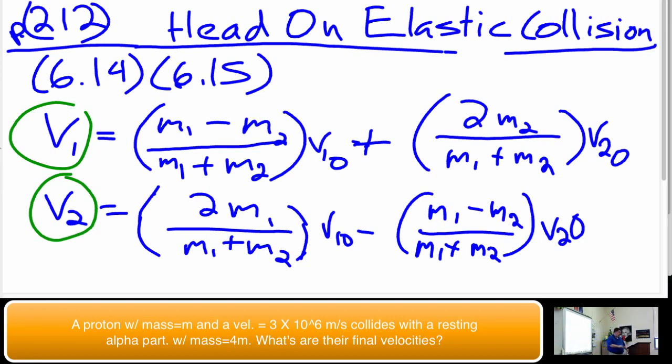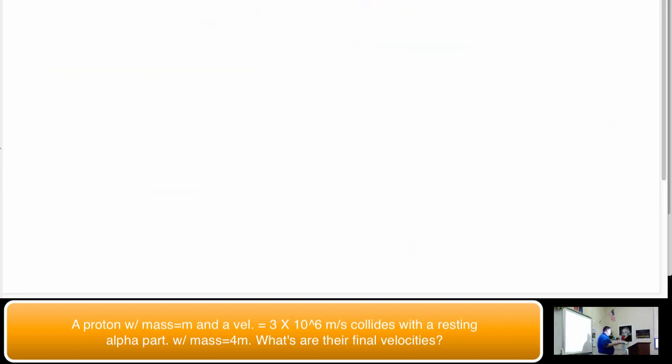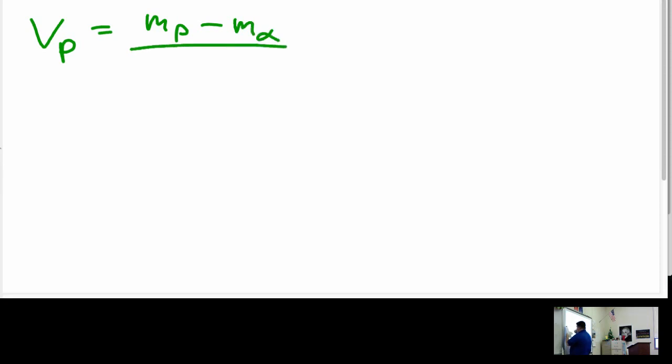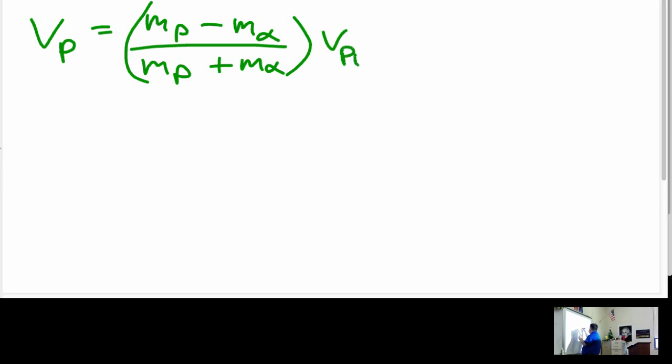So technically, if I take this stuff and apply it to our problem, I'm going to get that the velocity of the proton is equal to the mass of the proton minus the mass of the alpha particle all over the mass of the proton plus the mass of the alpha particle, right, times the final, or the initial velocity of the proton.